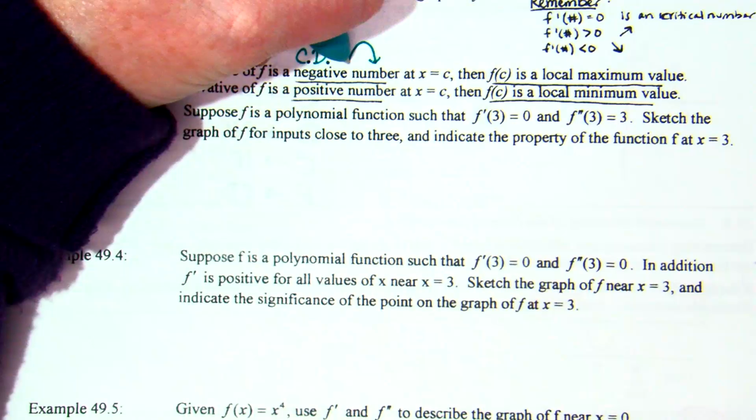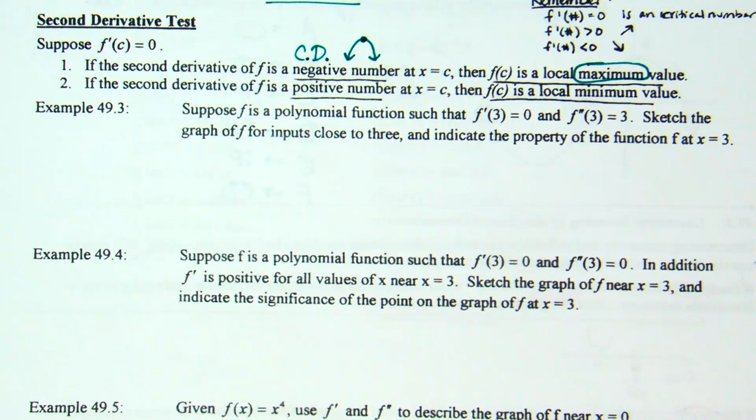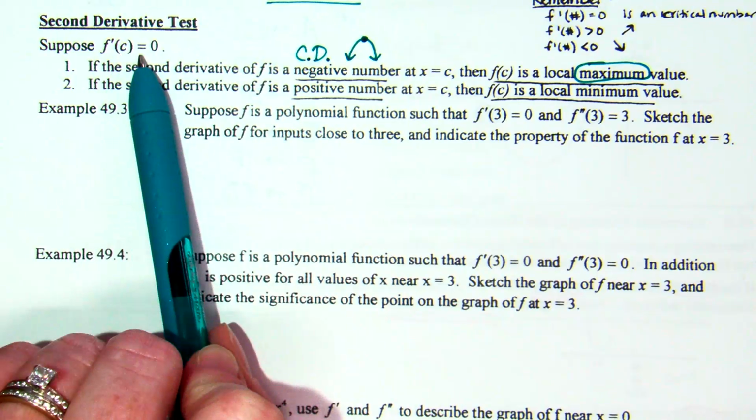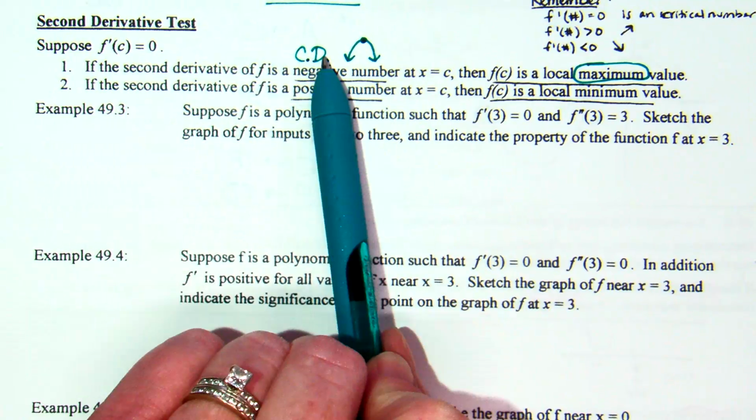Does it make sense that there's a max there? So local maximum value. So again, it goes back to first derivative equaling 0, so critical point, min or max. The second derivative can tell you which it is: the second derivative is negative, that means concave down, which thus means a maximum.